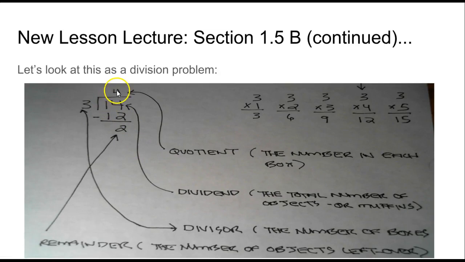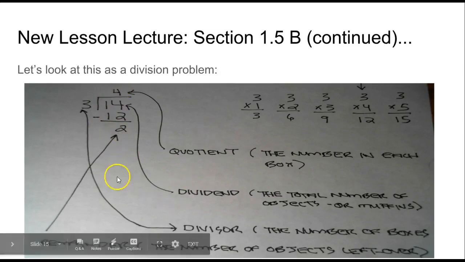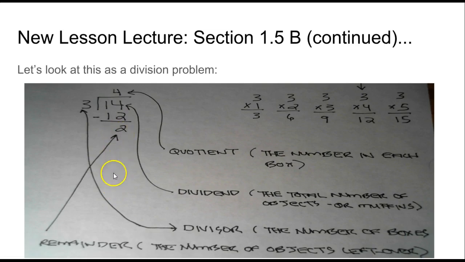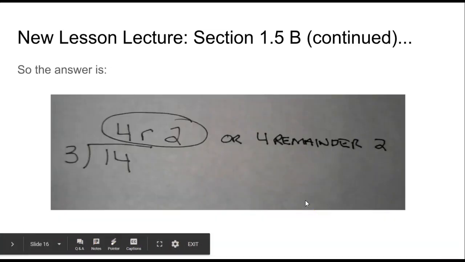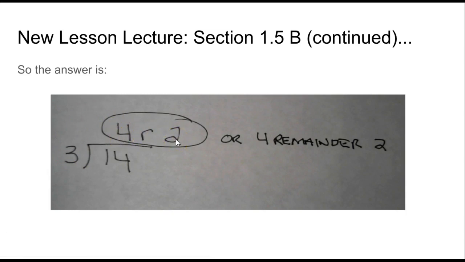So here we see that the quotient is 4, but let's show you what the number is. This number 2 is actually called the remainder, okay? And the remainder is the number of objects that are left over. So the answer to this problem, 14 divided by 3, would be 4R2, or another way of saying that would be 4 remainder 2.